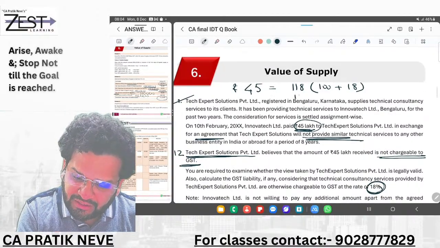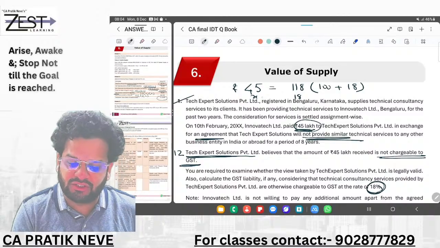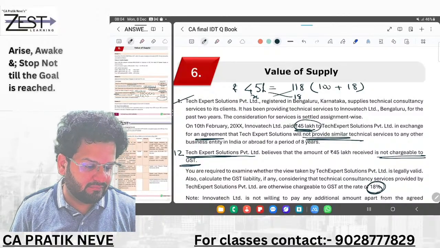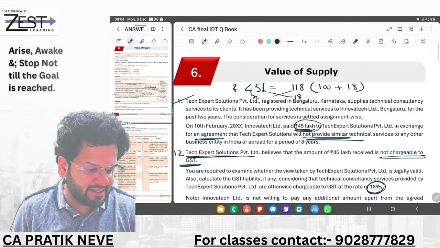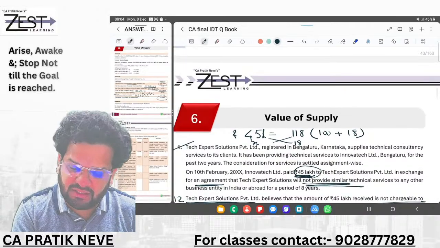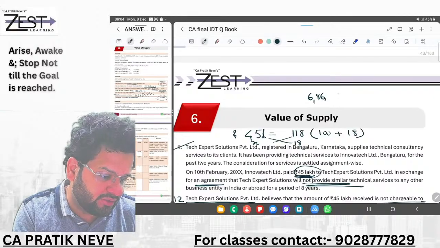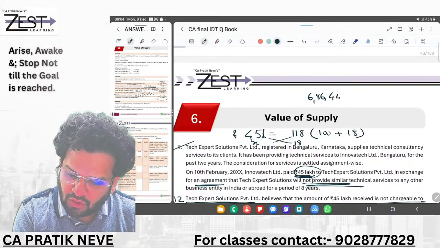So GST is how much? Calculate 45 lakhs into 18 divided by 118. So your GST is 6,86,441.